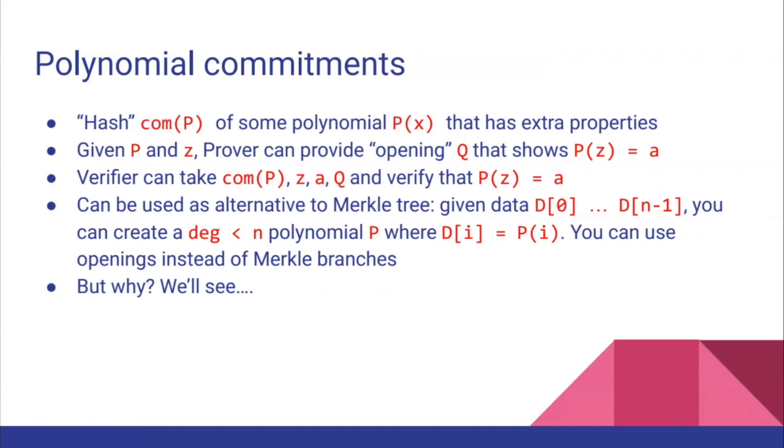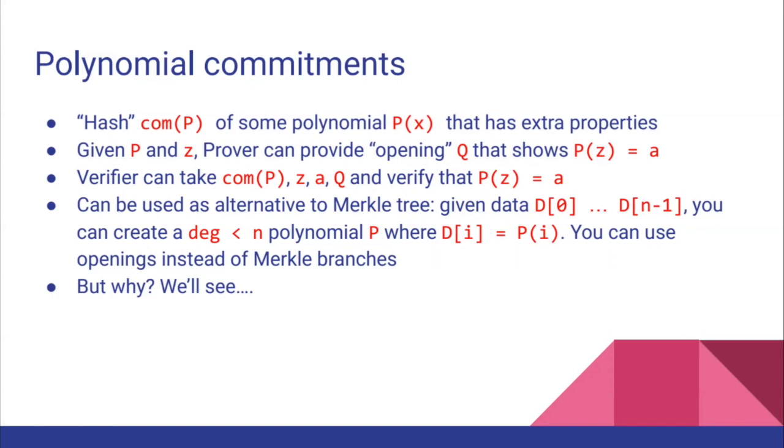The properties basically are that if you have a polynomial P and you have some coordinate Z, the prover can provide an opening proof, and the opening proof proves that P(Z) = A. And if the verifier has the commitment, so the hash of P, the verifier has Z and A, so the coordinate they're trying to prove and the value they're trying to prove, and the opening proof Q, the verifier can verify that P(Z) = A.